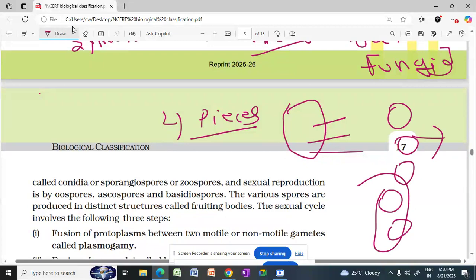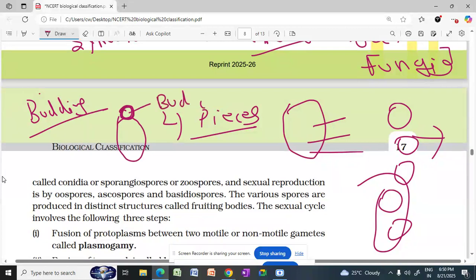Now what about the budding? In case of budding, what happens, there is a parent cell, and on this a small outgrowth called a bud will come. Small outgrowth on the parent cell. That is the bud.